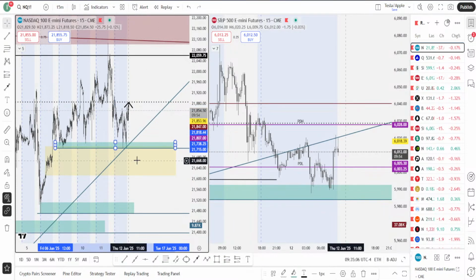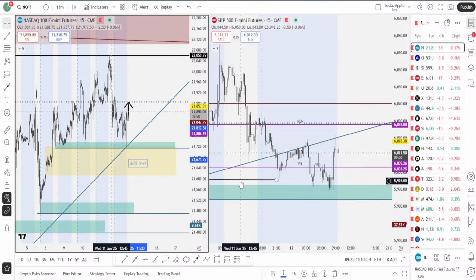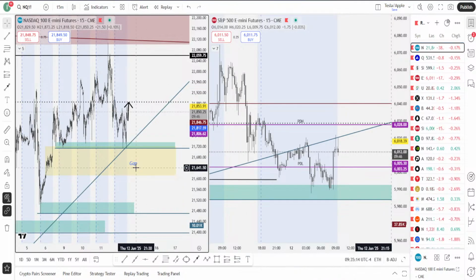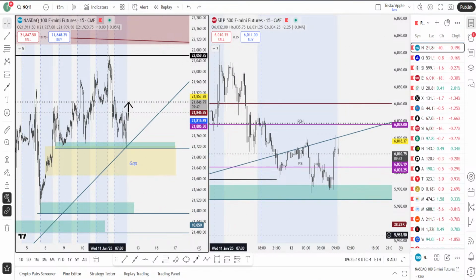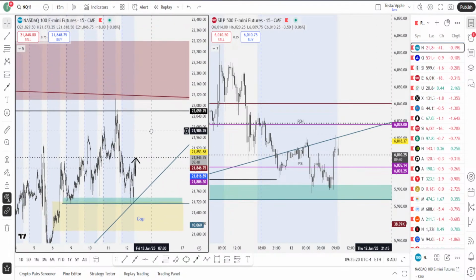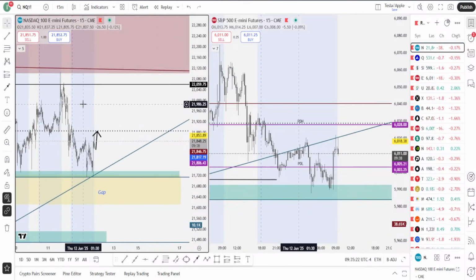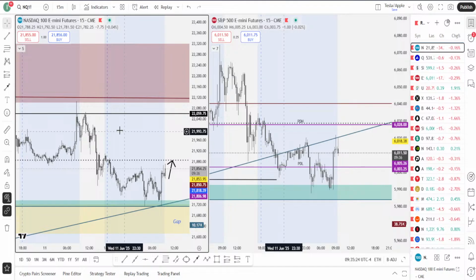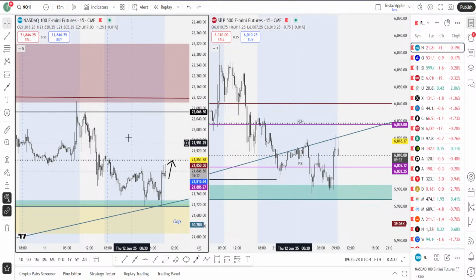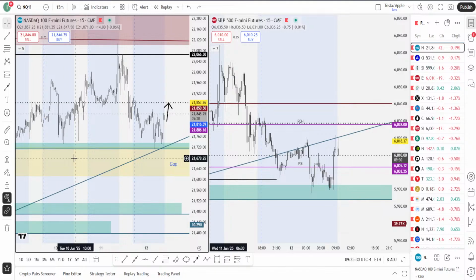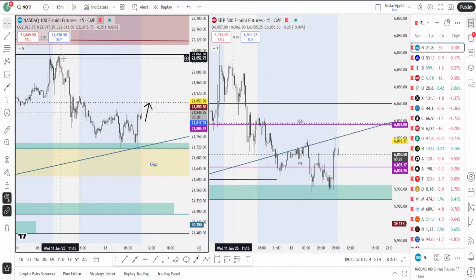This is a gap down here. We have a gap that needs to fill. Let's see what else. We got resistance up above.